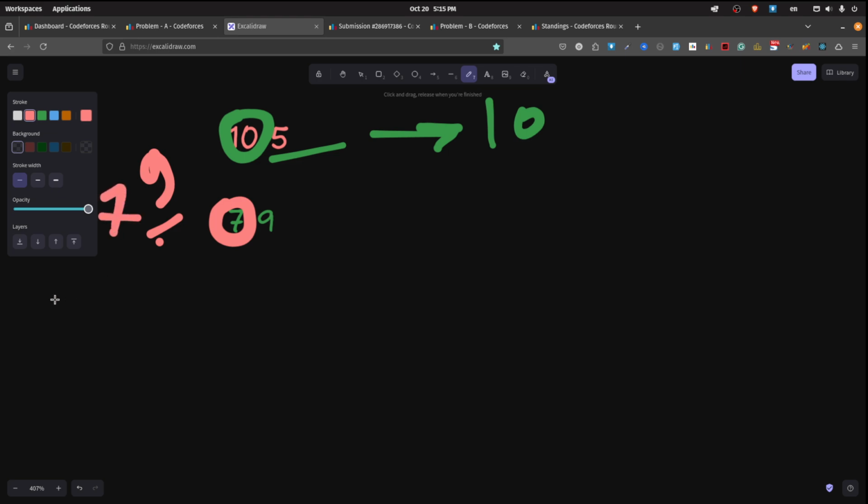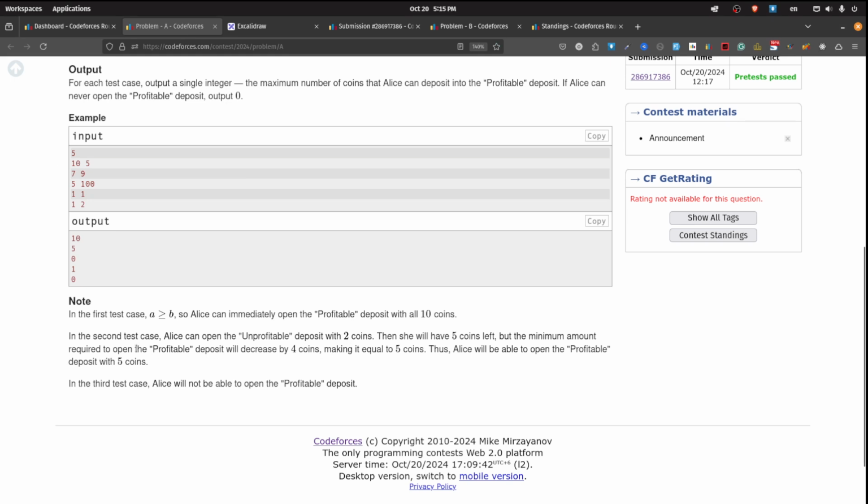You need 2 coins more, but you do not have any more coins. So how can you solve this? To solve this problem you need to open an unprofitable deposit. Here it says create an unprofitable deposit with 2 coins.